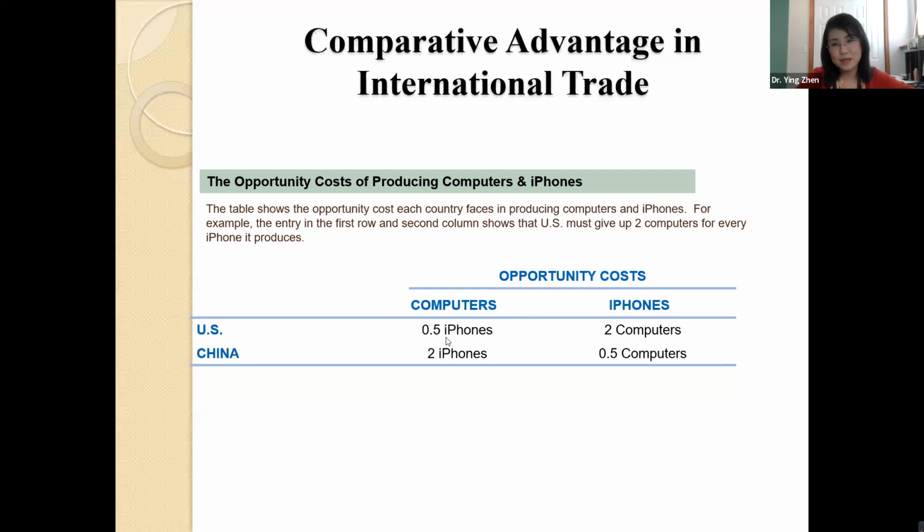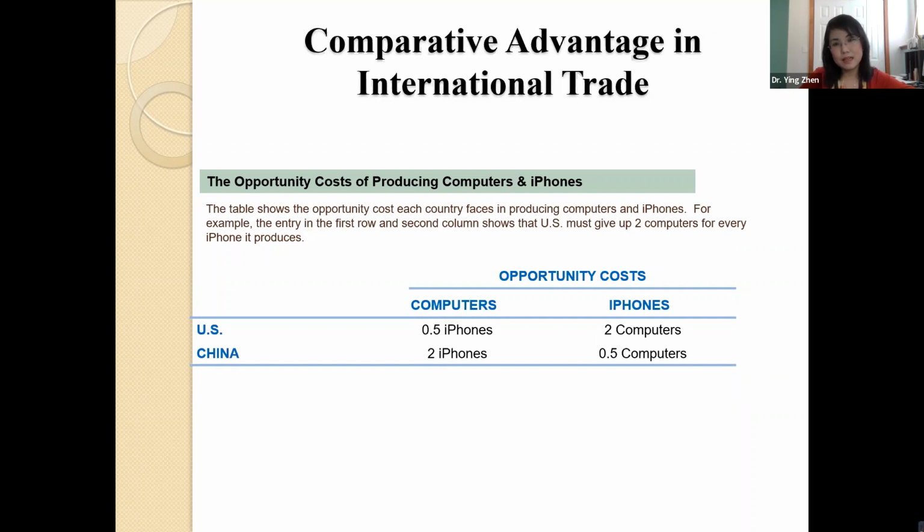Why? Because we just look at their opportunity costs. One is the reciprocal, or the inverse, of the other. So if you have a lower number here, you must have a higher number here. It's impossible for one party to have a lower opportunity cost in both. In other words, you cannot have a comparative advantage in both.